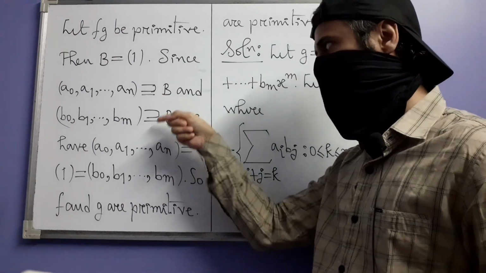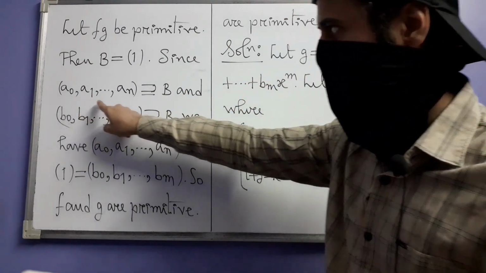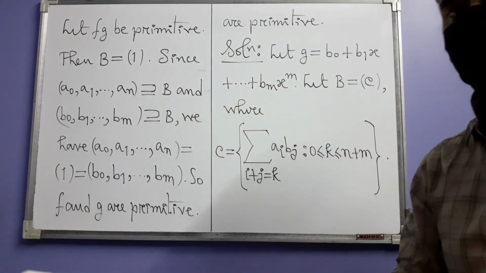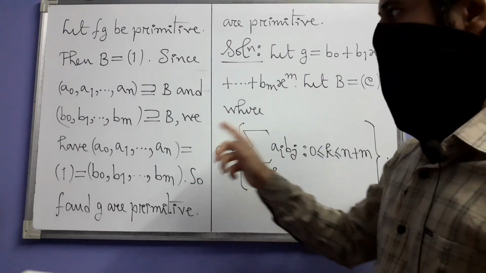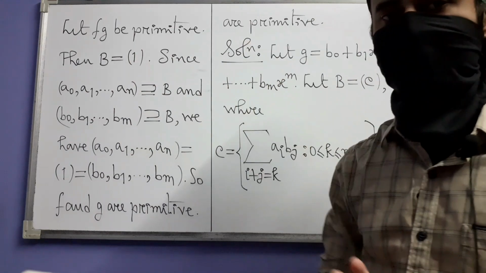And next we note these things as well. The ideal generated by the coefficients of f contains B inside of it. How? Well, what type of elements do you have in this ideal?